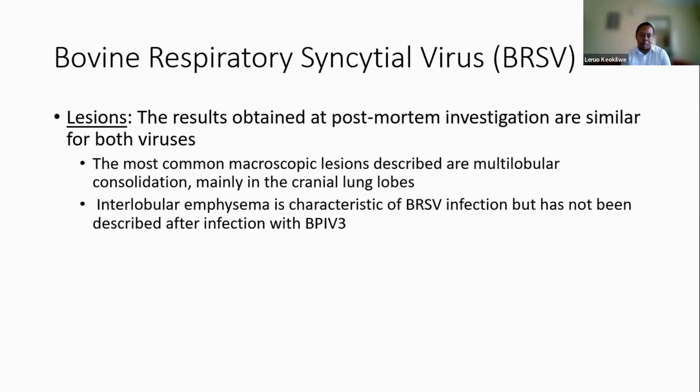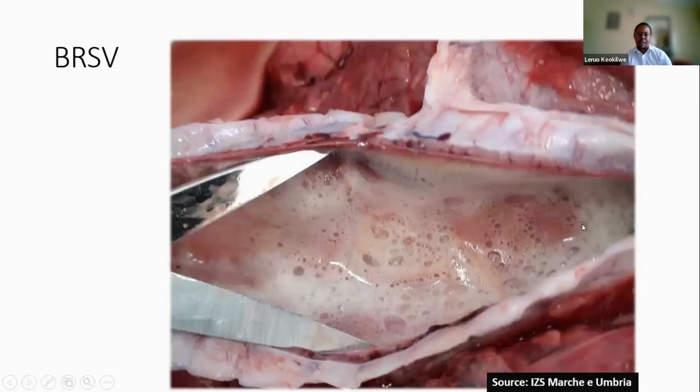The most common macroscopic lesions, you'll see multilobular consolidation of mainly the cranial lung lobes. And emphysema is characteristic of bovine respiratory syncytial virus infection, but it's generally not seen with bovine parainfluenza virus 3 infection.